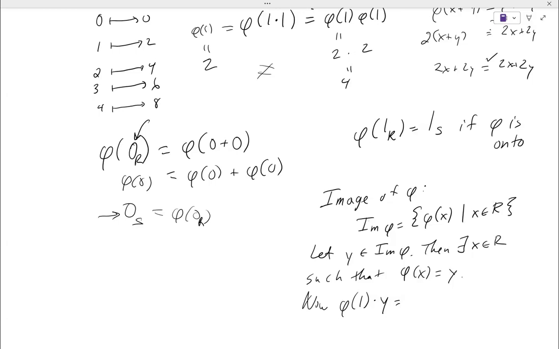Phi of x. Now it's using the second property in reverse. It looks like we've already pulled it apart, so we can put it together. Good.